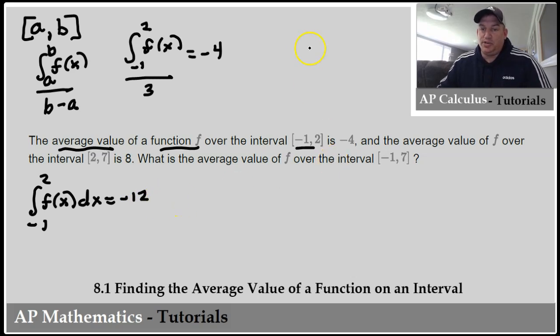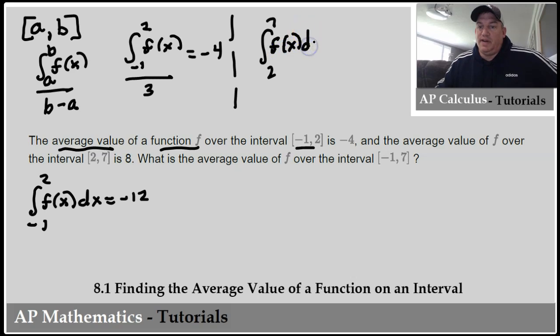We're now going to interpret the second sentence in a very similar way. It says the average value of f over the interval 2 to 7 is 8. So we'll integrate from 2 to 7 of our function.